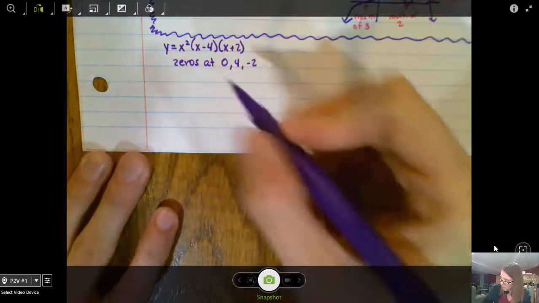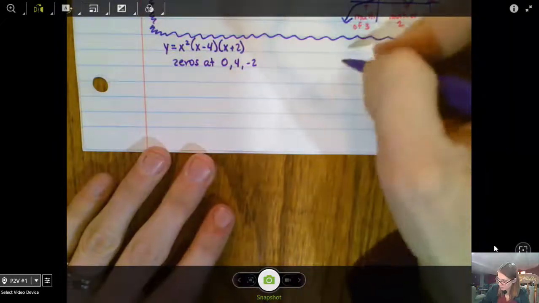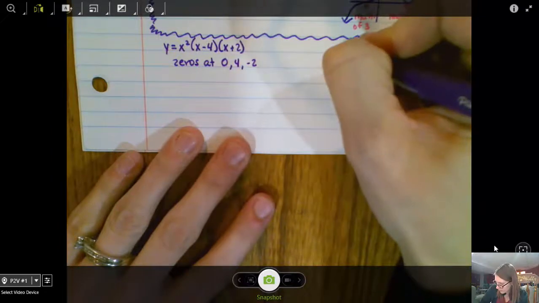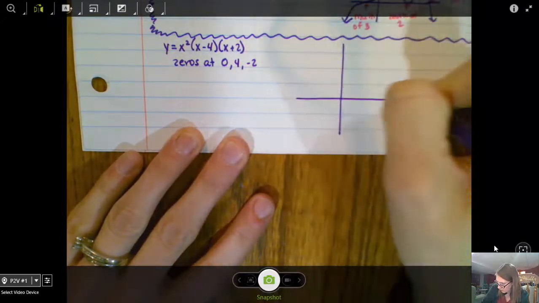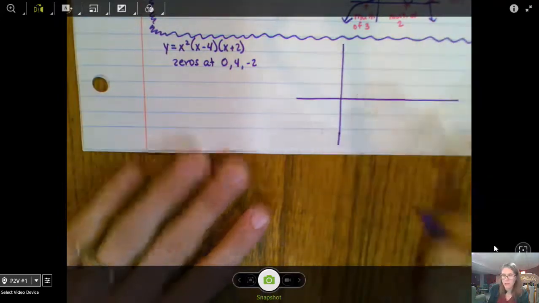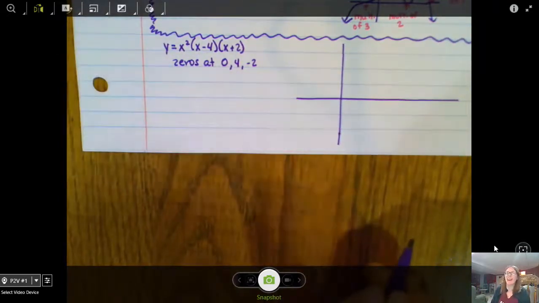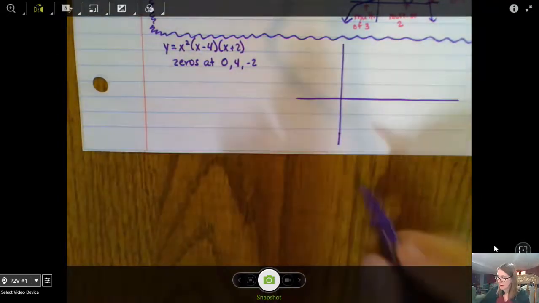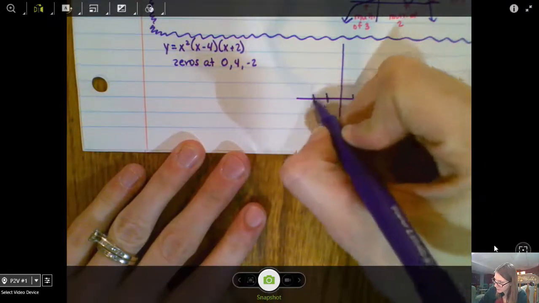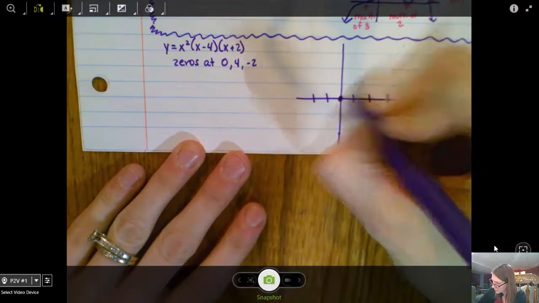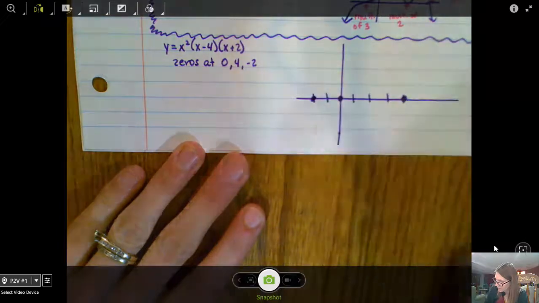So let's start to make our sketch. The rest of the sketching process is very similar to what we were doing before. We just have to deal with that idea of the multiplicities here. But I know we have zeros at 0, at 4, and at -2.